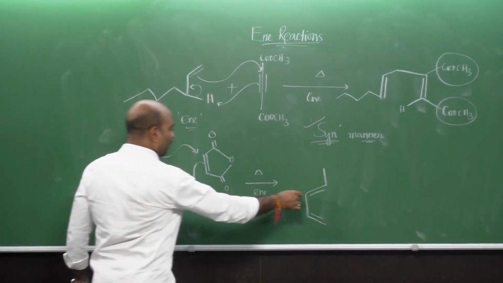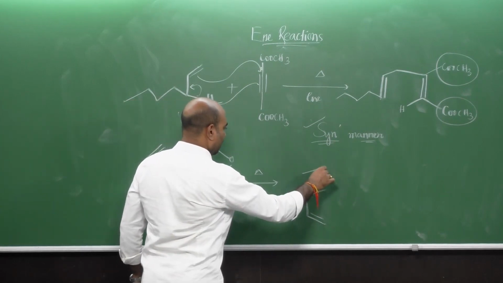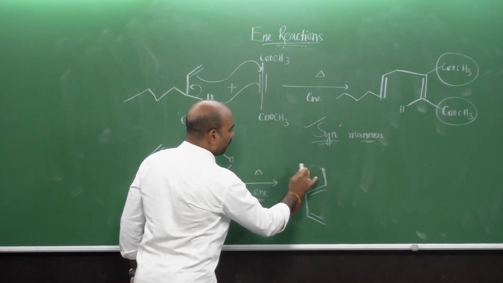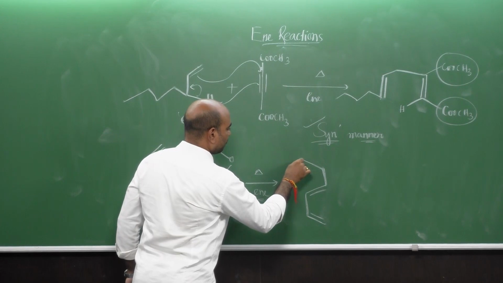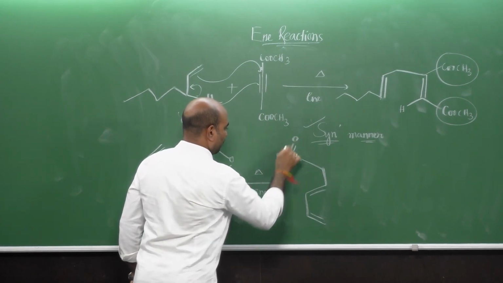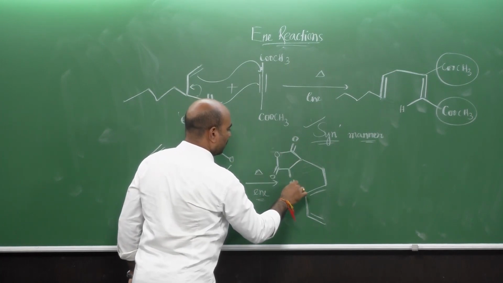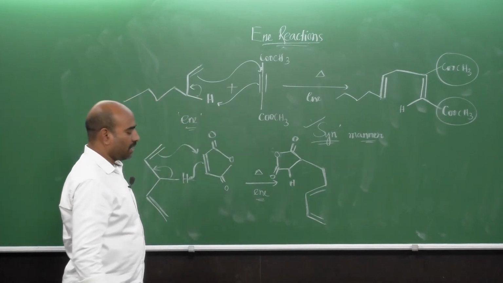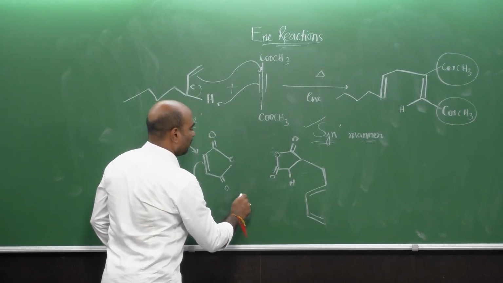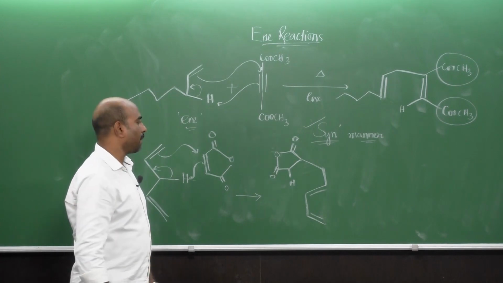So, one double bond has come here and this one, and then this is the new sigma bond. A hydrogen is formed here, right. So, for clarity I am erasing this. So, this is the reaction which you could see here.